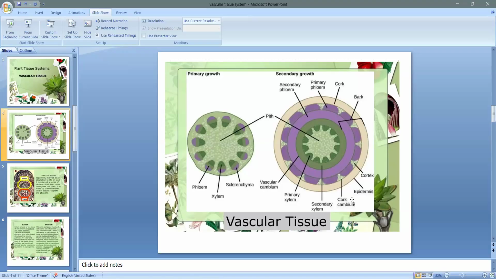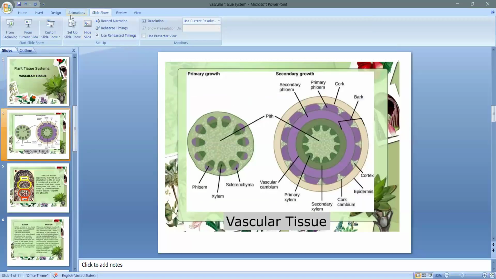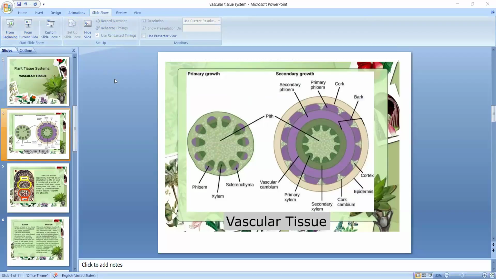Next, come to the vascular cambium. In the dicot stems, a thin strip of promeristem is present in between xylem and phloem. See here. You observe the vascular cambium. This one is the vascular cambium.